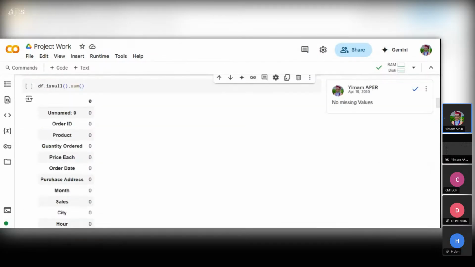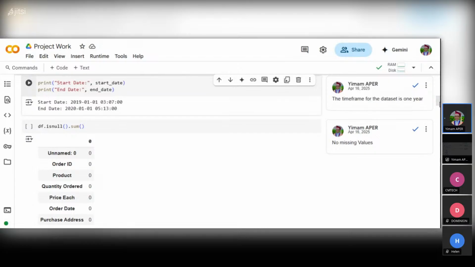After that, we should check if there are any null values. df.isnull is a method that tells us whether there are null values. The .sum is going to sum up all the values.